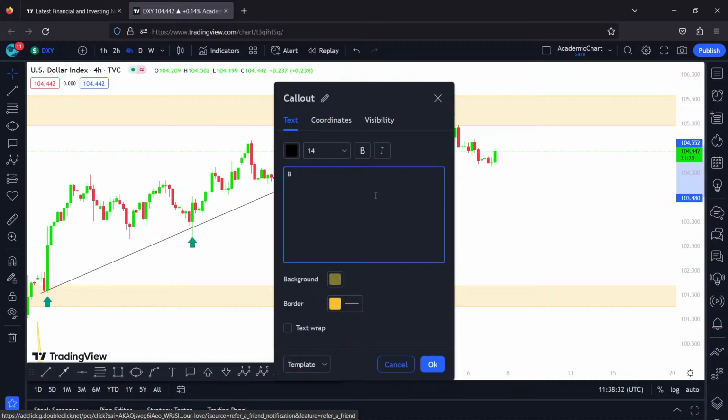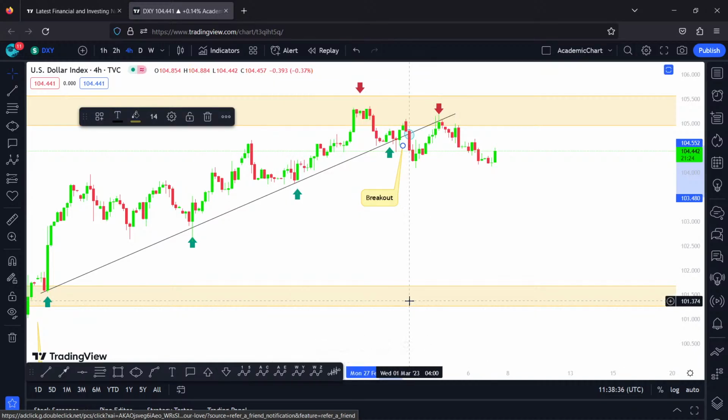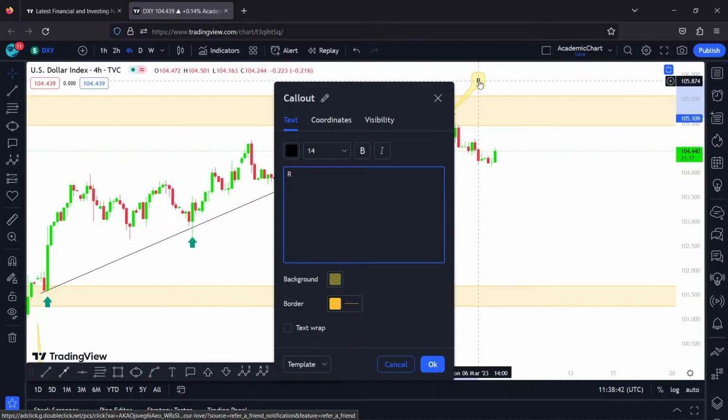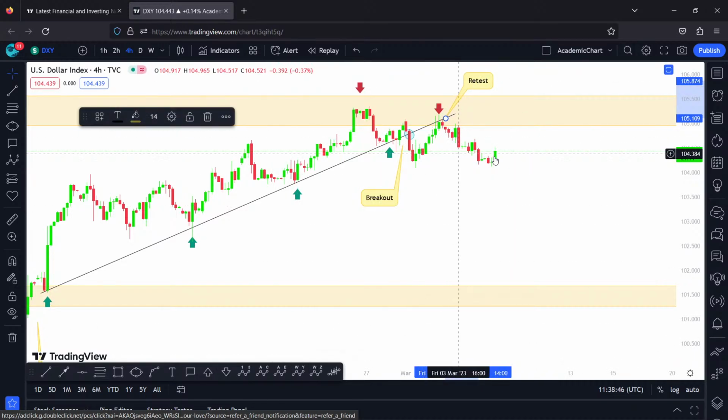It was the breakout. This time we're talking about this hourly structure, and here it was the retest of that. So it retested, and now, as we can see, it is creating lower lows and lower highs.